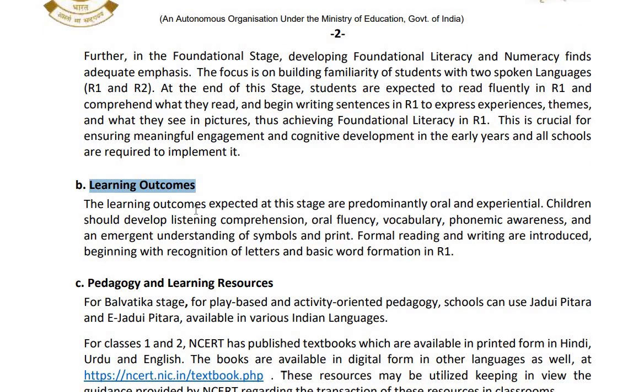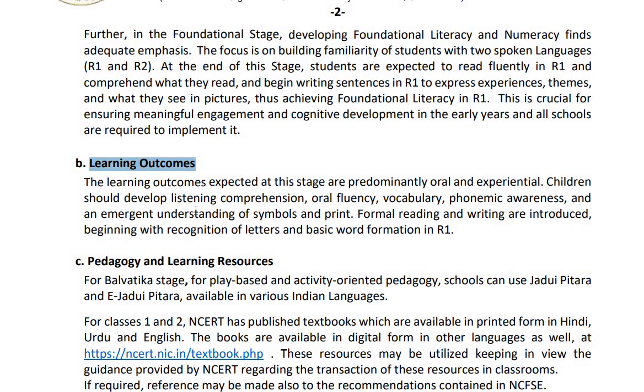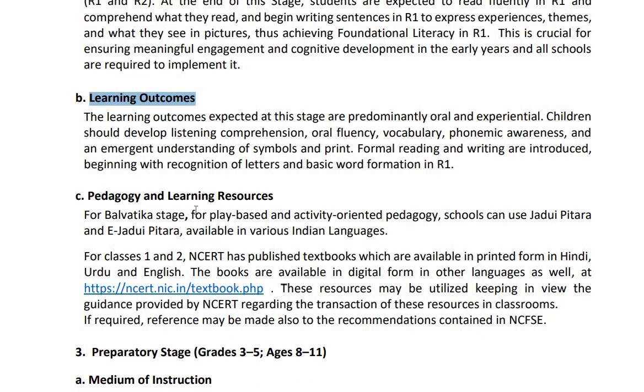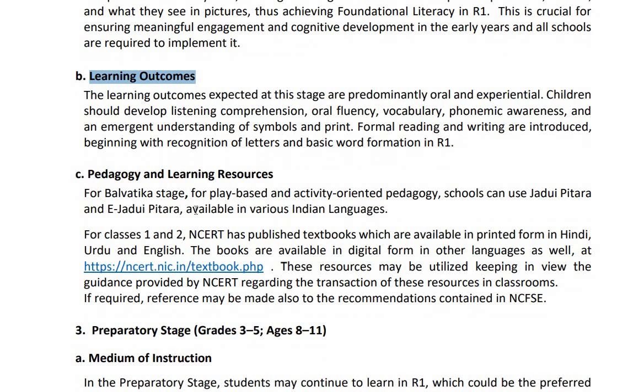The learning outcomes expected at this stage are predominantly oral and experiential. Children should develop listening comprehension, oral fluency, vocabulary, phonemic awareness, and an emergent understanding of symbols and print. Formal reading and writing are introduced, beginning with the recognition of letters and basic word formation in R1.